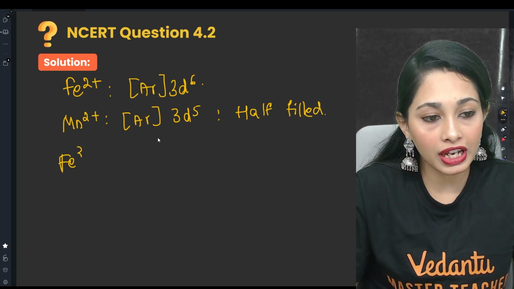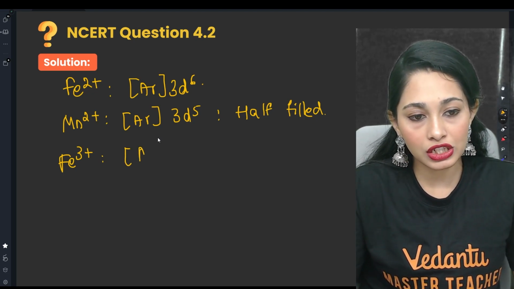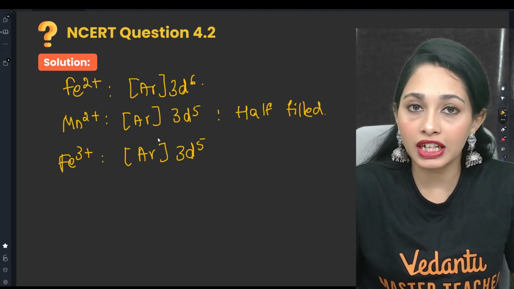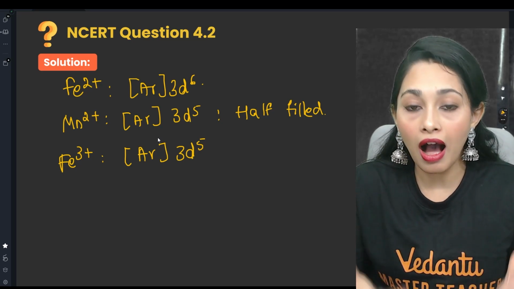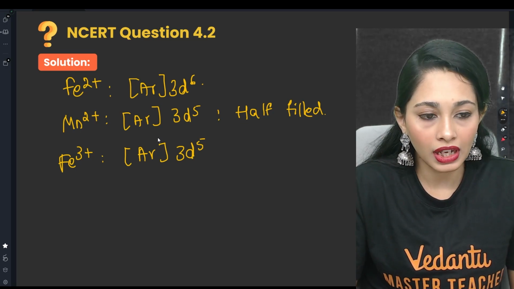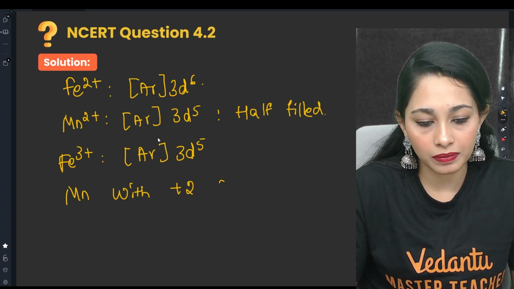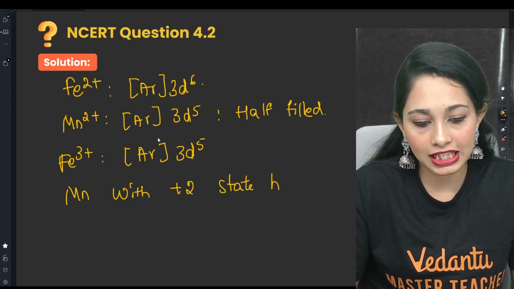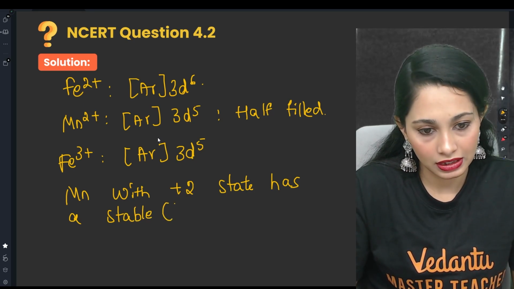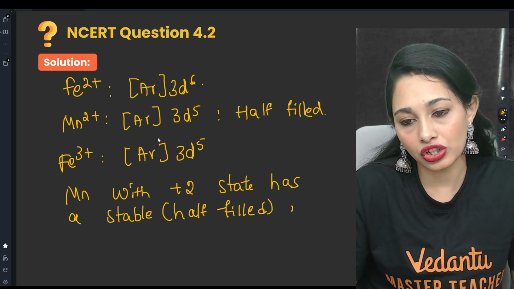And if we write Fe3 plus, the electronic configuration of Fe3 plus ion is going to be argon 3d5. So what can we deduce by this? As half filled and completely filled orbitals are more stable, manganese in the +2 state has a stable, half filled d5 configuration.